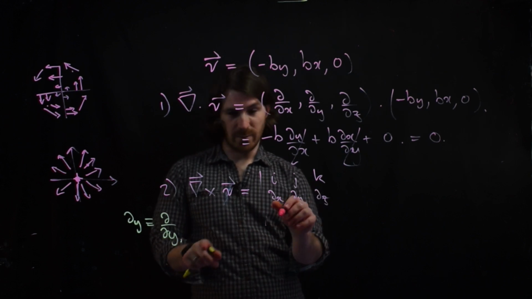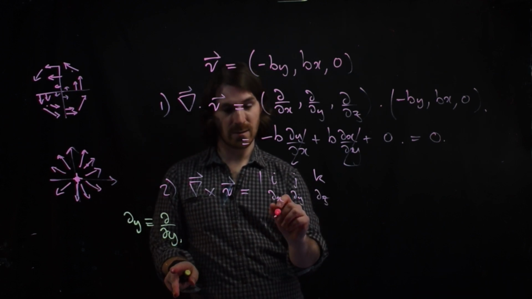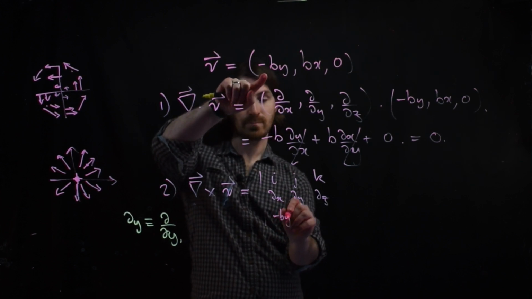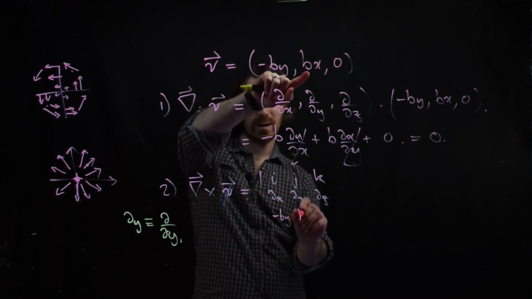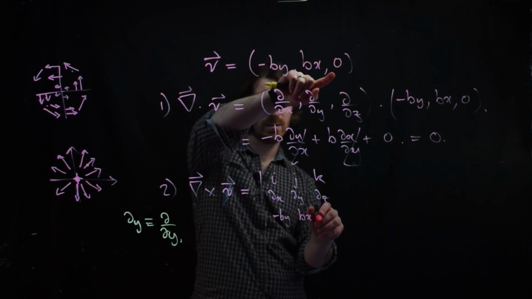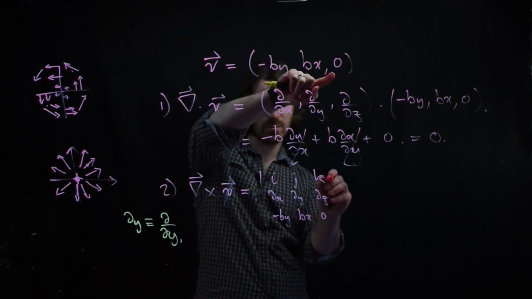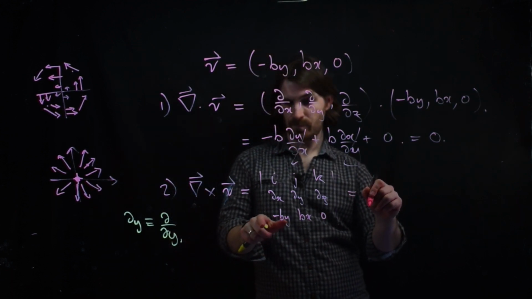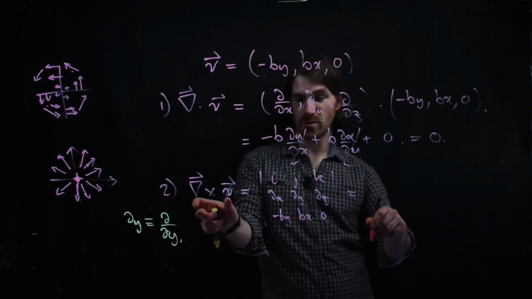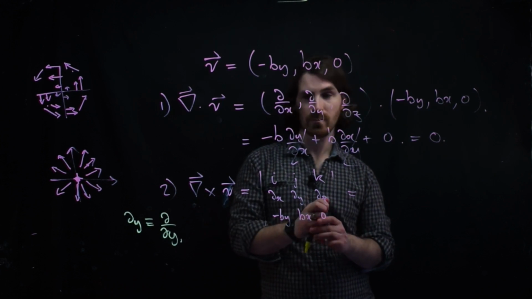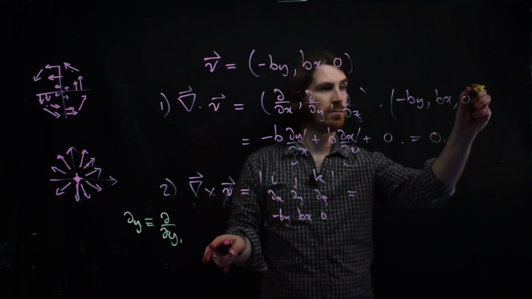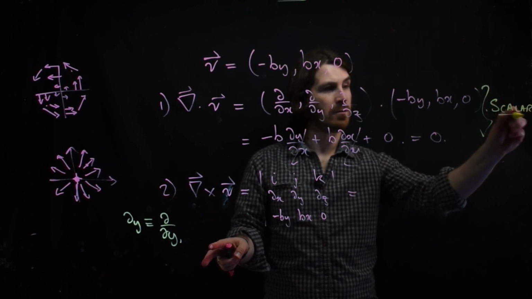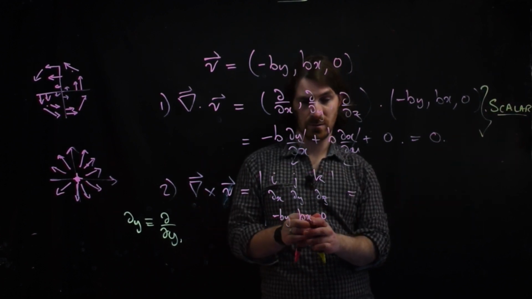So I write it like this: vx is -by, vy is bx, and vz is 0. This is the curl of a vector, and it's going to give us a vector. The divergence gives us a number, a scalar. This thing's going to give us a vector.